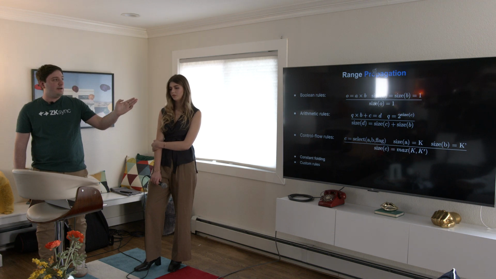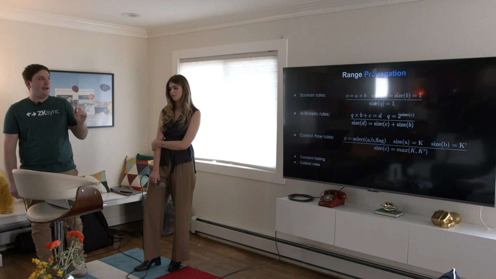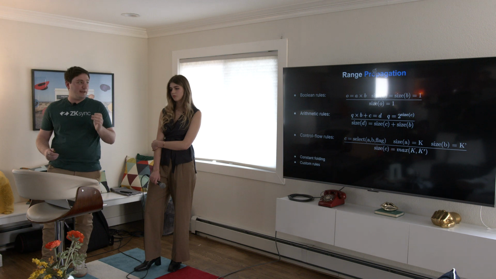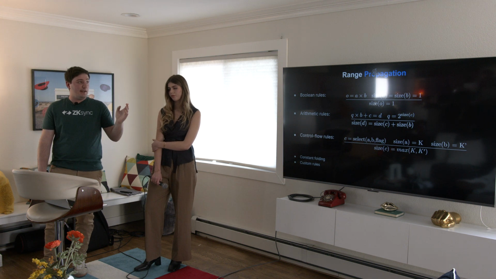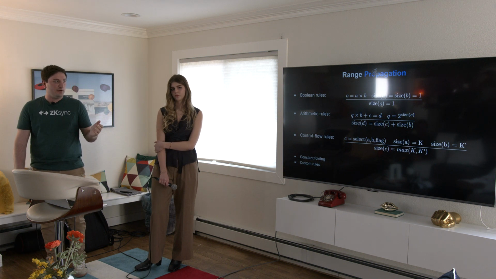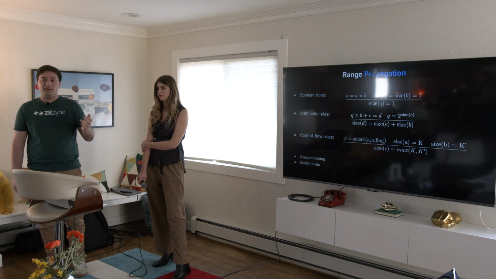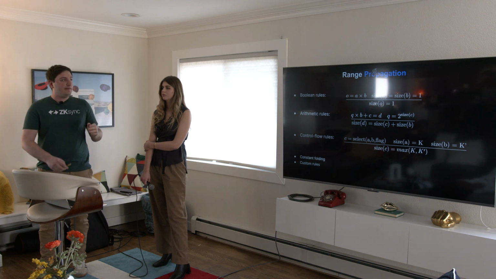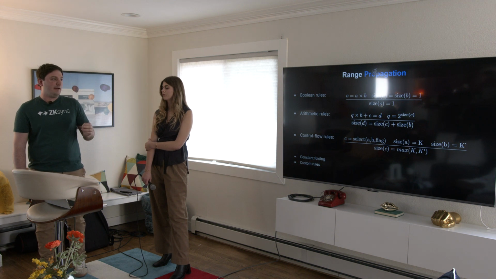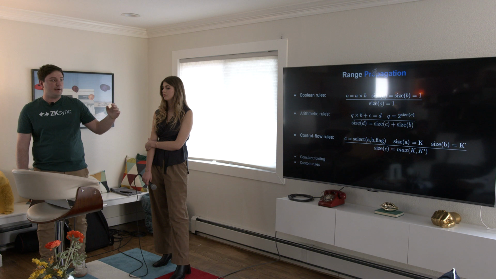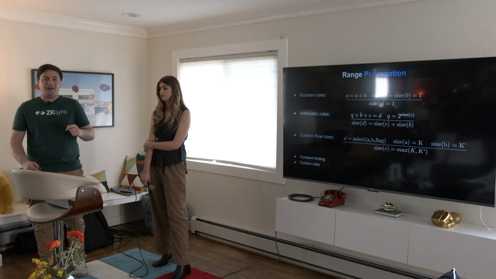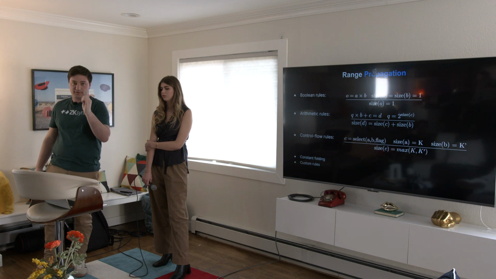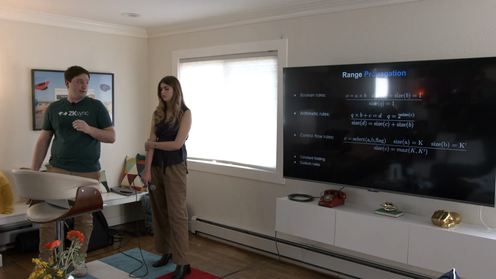For example, the first rule you have there is A times B, which could be seen as a Boolean conjunction, A and B. If we know that A and B are Boolean, then the output will be Boolean, because a conjunction is closed under Boolean. With a bunch of rules like this, I didn't add all of them, we have arithmetic and also control flow, we can propagate this range information forward from the range checks to the rest of the circuit.